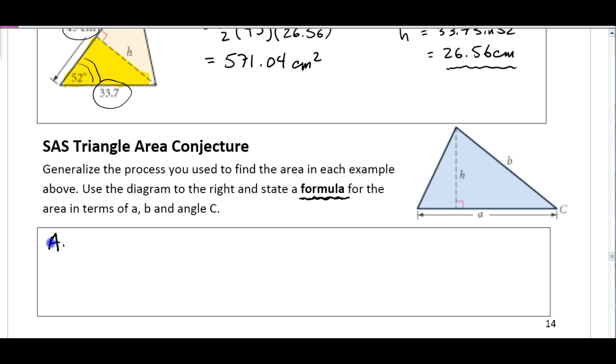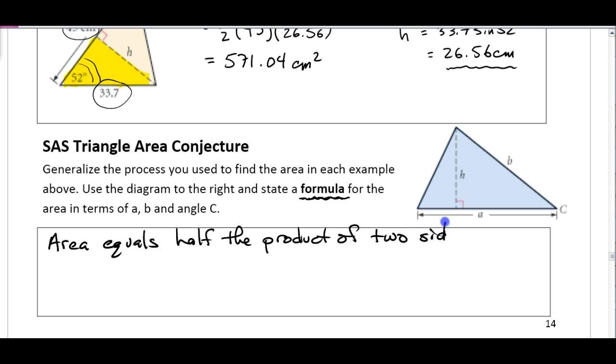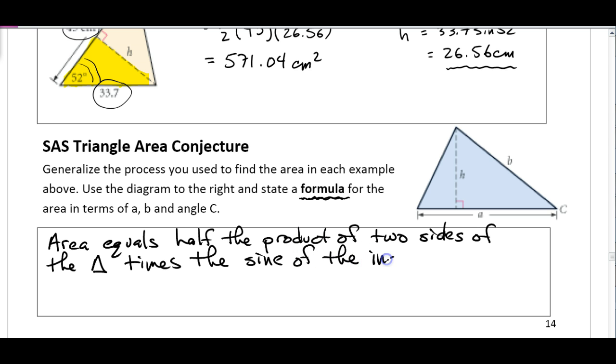In words, the area equals half the product of two sides of the triangle times the sine of the included, this is really important, the included angle.